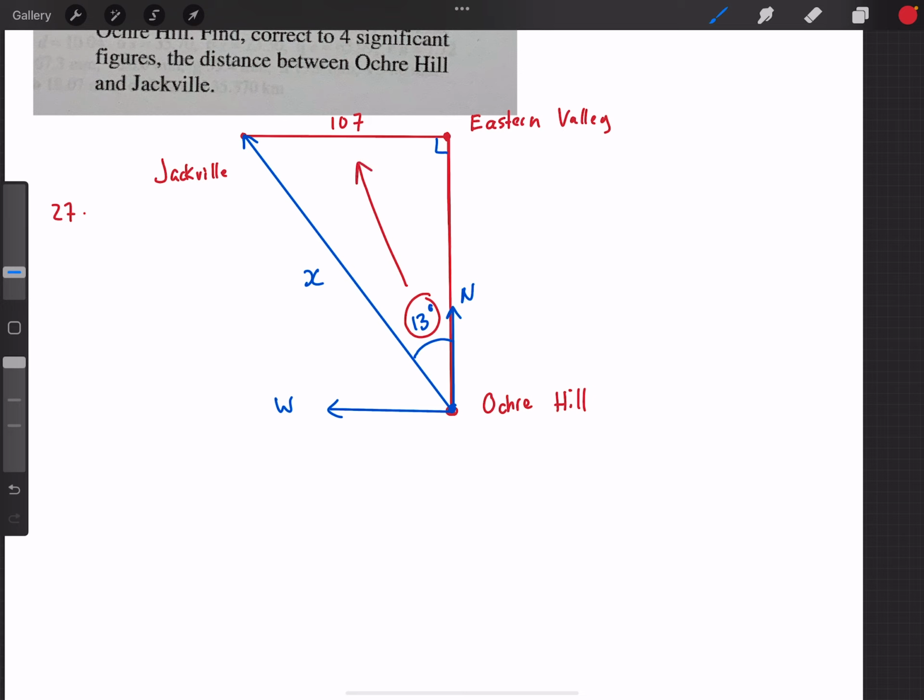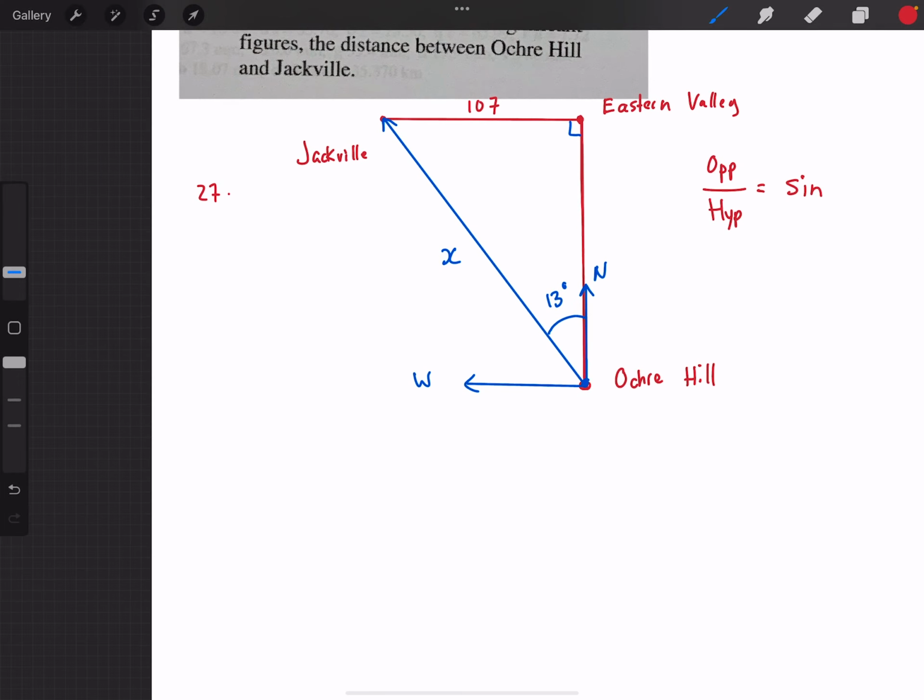The distance 107 is opposite, and then you have the hypotenuse. Opposite over hypotenuse is sine. So sine of 13 degrees is equal to opposite, which is 107, over hypotenuse, which is x. These are the two numbers that we're interested in.